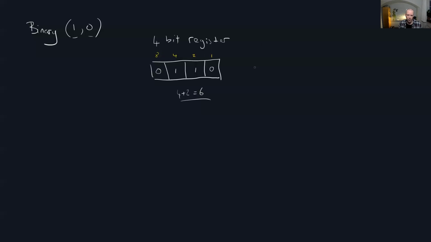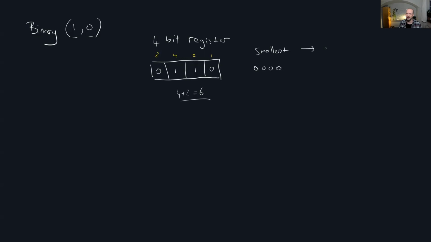So what is the smallest number we can store in this 4-bit register? 0. Yep, I agree with that. The smallest number that is possible is going to be all zeros. No 8s, no 4s, no 2s, no 1s.